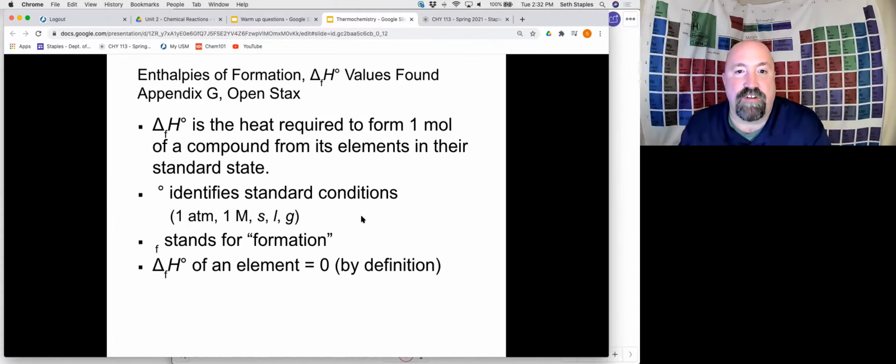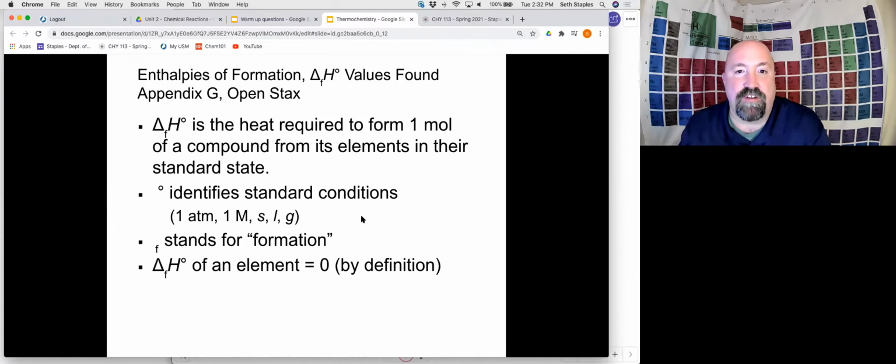So 6 times negative 285.8. And so there's all of our products. We're going to subtract that from our reactants.